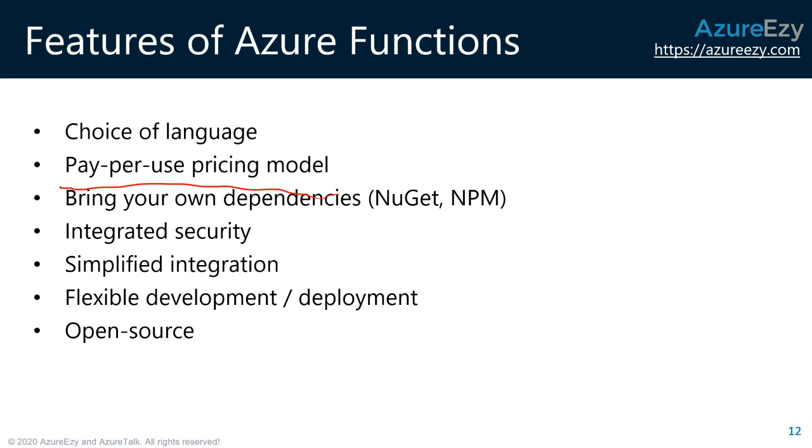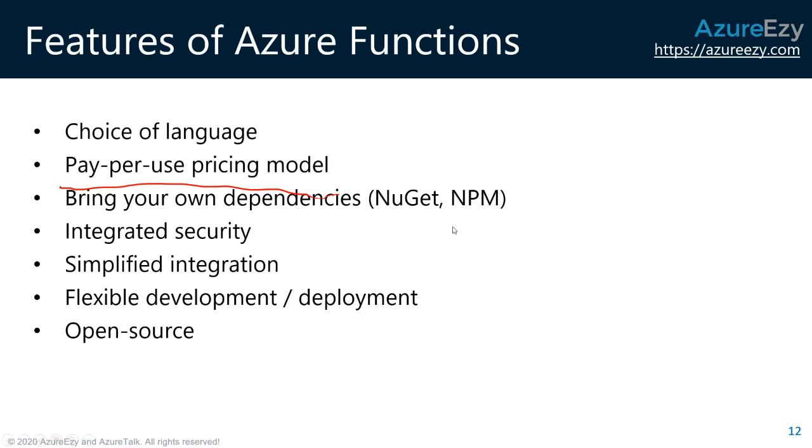Then we have integrated security. The way we secure our application with a token or the client ID, client secret, those functionalities are there, and Azure Function supports integrated security. We will cover that.